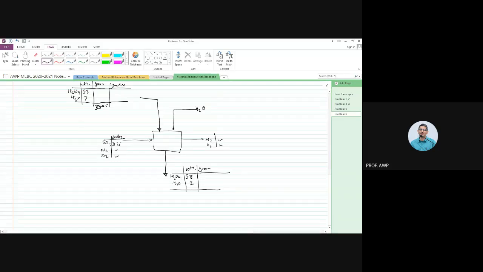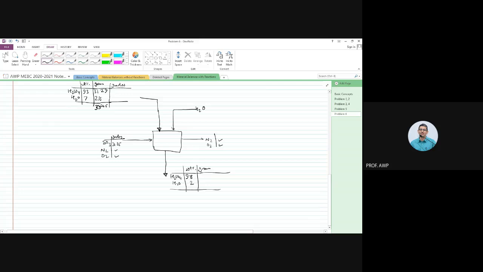So 3364.5 multiplied by 0.93 is 3129 grams of H2SO4. 3364.5 minus 3129 is 235.5 grams of water.